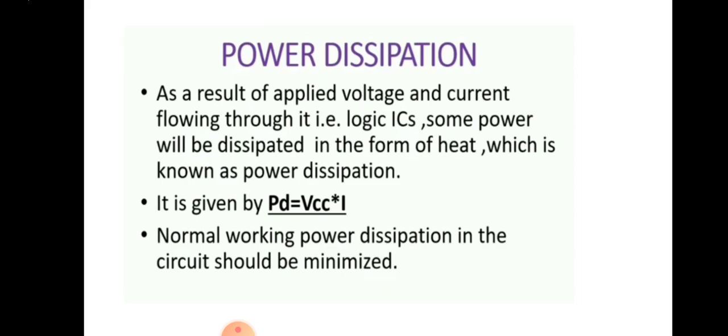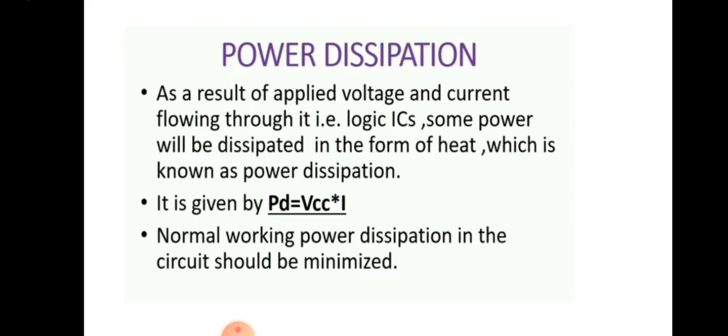So what does this power dissipation mean? When voltage is applied and current flows through the circuit, there is some conversion of energy from one form to another, and many times the power may get dissipated or absorbed in that particular circuit in the form of heat. So this type of loss of power in the form of heat or any other form is called the dissipation of that power.